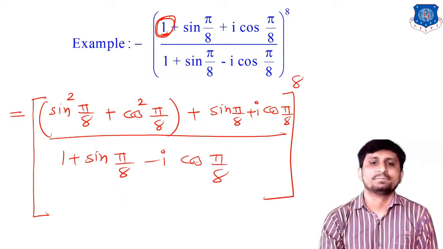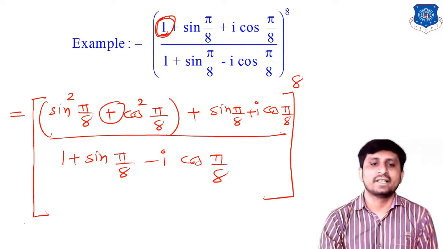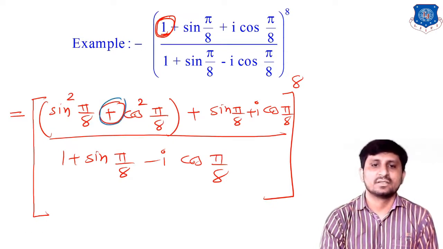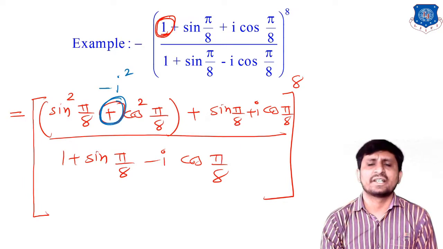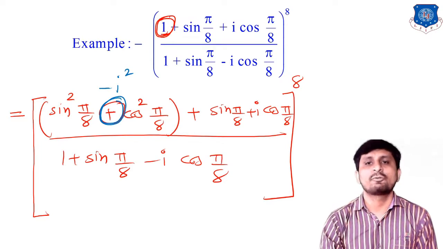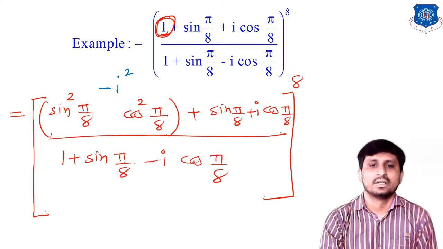Now only one change. Instead of this plus 1, let me show you with a different color so you can easily understand. Instead of this plus 1, can I write minus i square, because i square is minus 1 and minus times minus is plus, clearly. So I just change it in this expression.